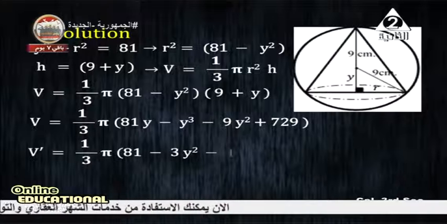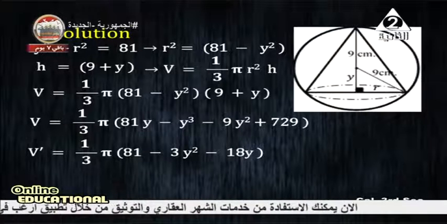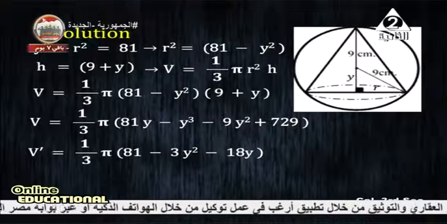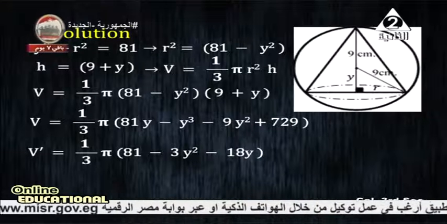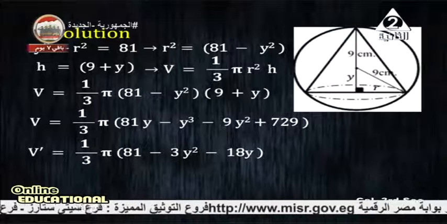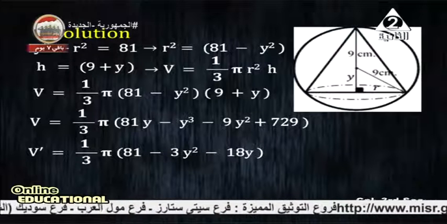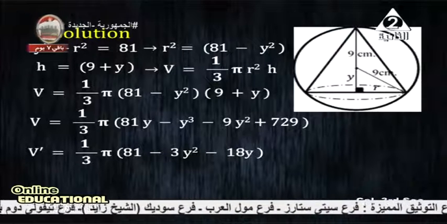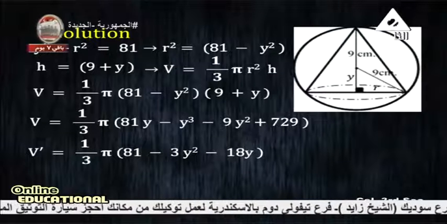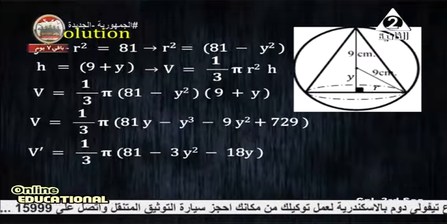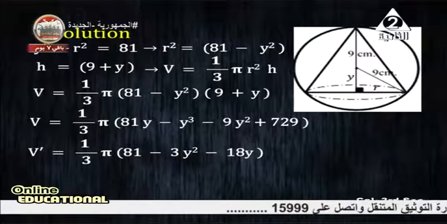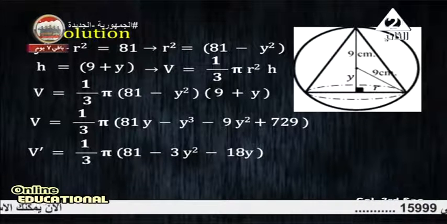Then V dash, the first derivative of the volume, equals one third pi, which is a coefficient and constant, multiplied by the derivative: the derivative of 81y is 81, and the derivative of negative y to the power 3 is negative 3y to the power 2, and the derivative of negative 9y to the power 2 is negative 18y.